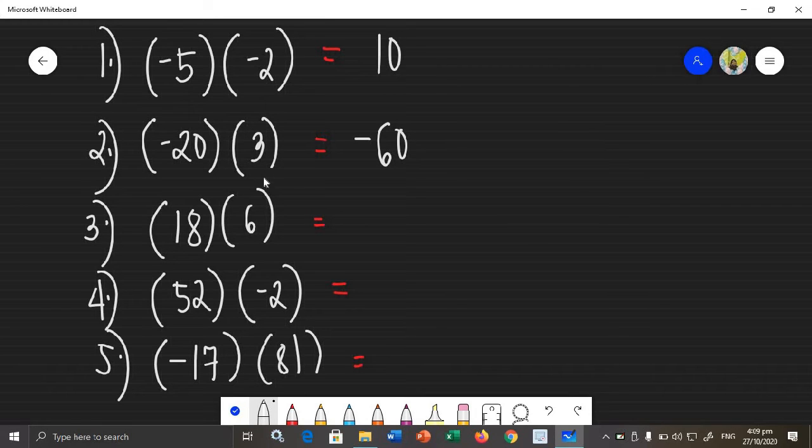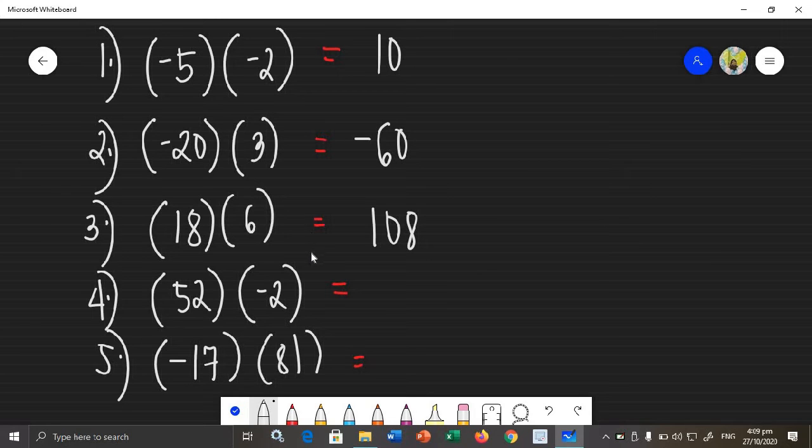Next, in number 3, we find the product of 18 and 6. They are both positive, so the product is also positive. 18 times 6 is 108, and the product is positive because the given have the same signs.